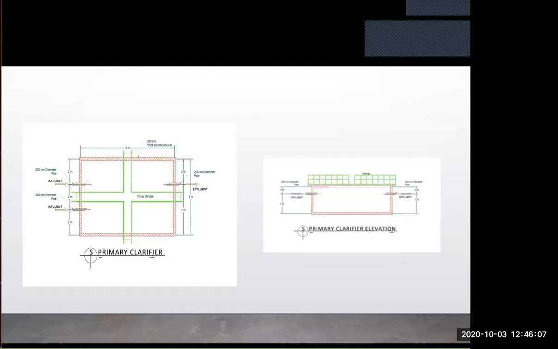Okay, so you can now draw your clarification tank or primary clarifier this way. So a while ago, we said that the width is now equal to 6 meters and the length equal to 9 meters. So pagka tinignan nyo sa taas, that is where you can see your cross bridge. Why do you need a cross bridge?